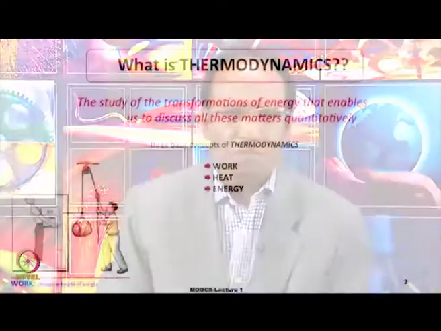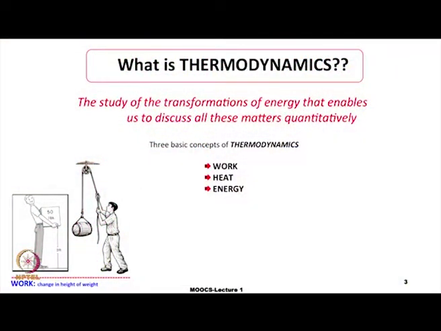Let us take a look at this picture. In this picture, it is evident that in order to lift a weight, one has to do work. But when one is doing work, we can actually see that the weight is being either lifted or lowered. That is what I said, that work is said to be done in a process if that process leads to a change in height of a weight in the surroundings.